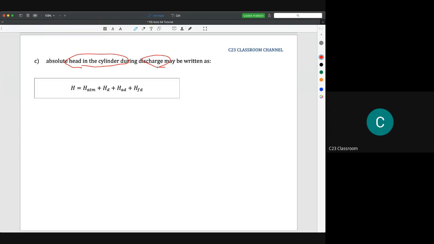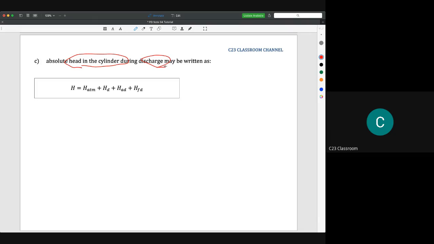Previously we calculated the absolute head in the cylinder for the suction. I think it is already the second or third time we calculate the pressure head, or absolute head, in the cylinder at suction, where we minus all the components that we have. It is because we must make sure that the vacuum that occurs in the cylinder is good enough to suck water from the input tank to the piston.